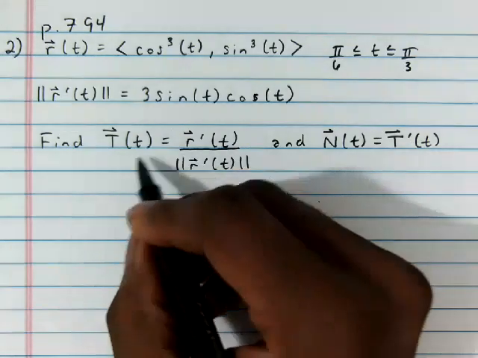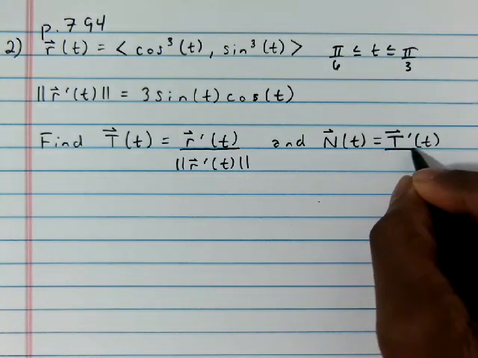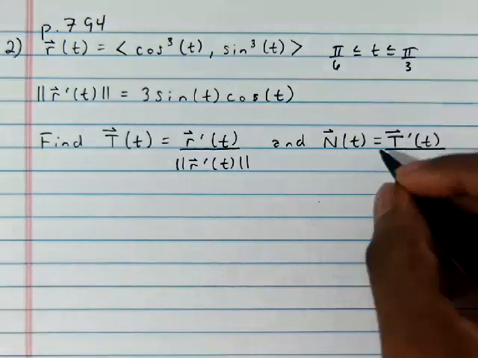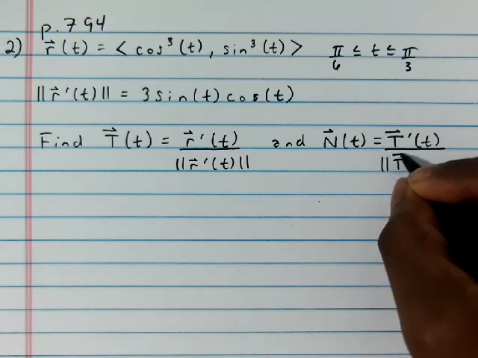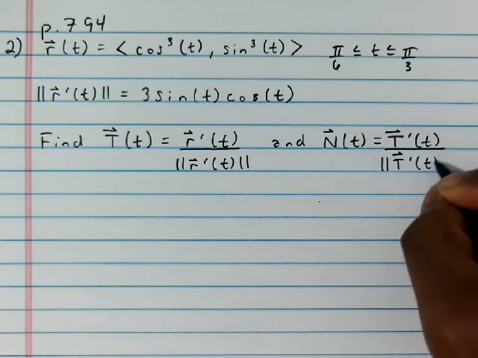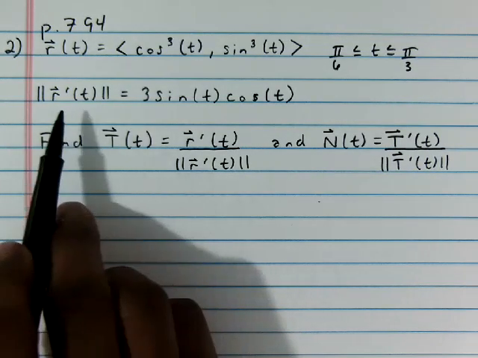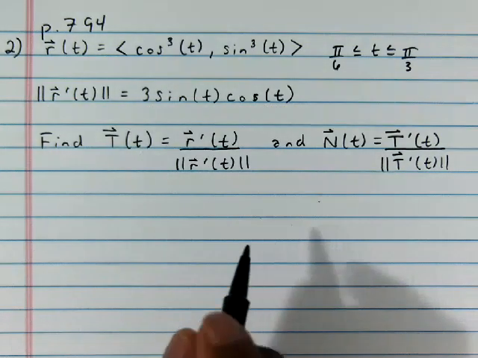So you're not supposed to be using T of t, you're supposed to be using T prime of t. So don't forget to take the derivative of whatever you found here. So you have to find T of t first, find N of t, and the magnitude of T prime of t. All right, so those are the two things that we have to find, but first they want us to verify that the magnitude of r prime of t is indeed 3 sine t cosine t.